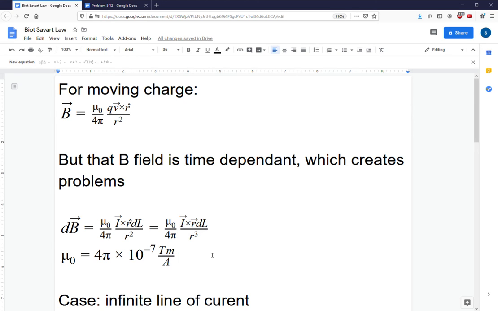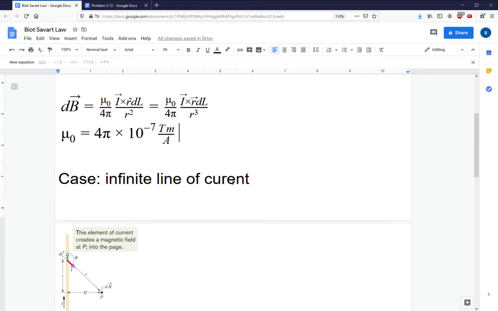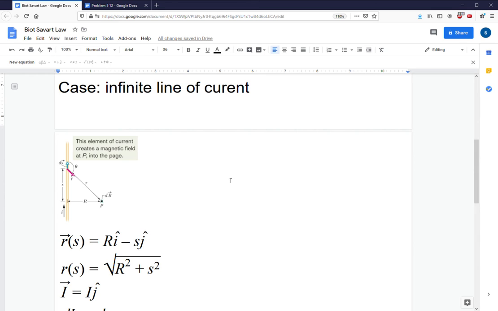Now, to use the Biot-Savart law, you need to take this dB and you need to integrate it. And the way you integrate it is going to depend on the situation. So let's look at the case of an infinite line of current. We can use this image right here.